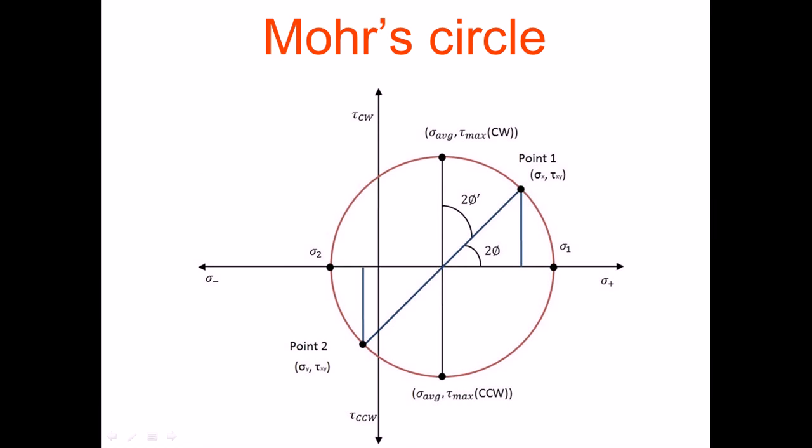If we look at this one, this is one principal plane, this is another principal plane, and this point is called sigma x and tau xy, and this is sigma y and tau xy.